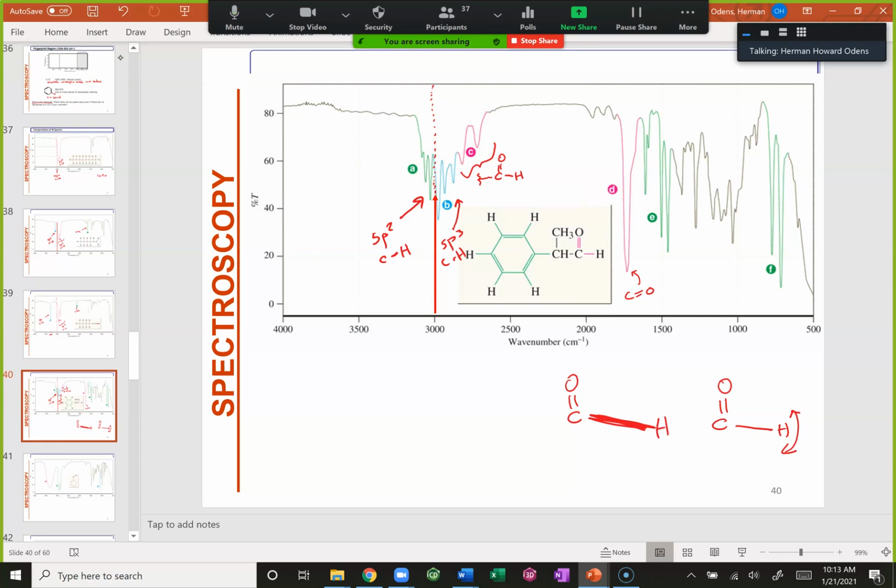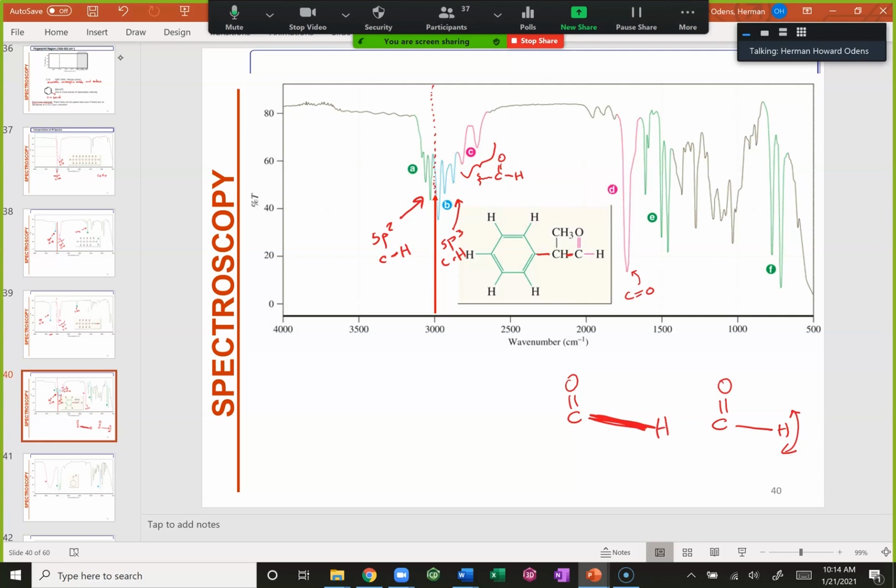And for aldehydes it will be 1730. Is this aldehyde conjugated? Yes or no? Is the carbonyl group conjugated with the ring? It is not. Very good. Not, because we have a sigma bond, so it breaks conjugation.